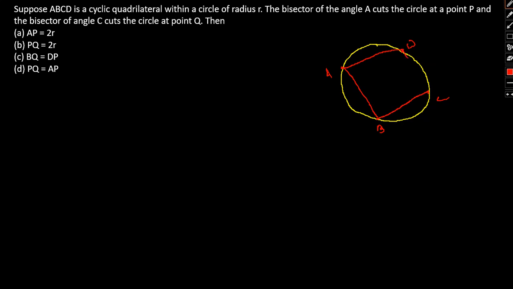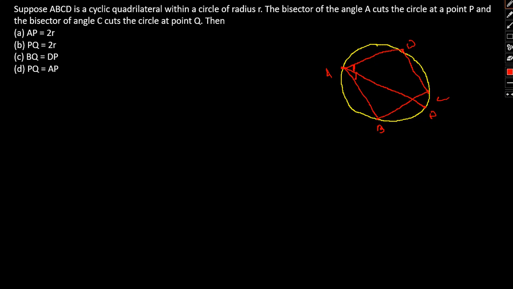C and D. Okay, what else has been said? Bisector of angle A cuts at point P. So this is point P. So bisector, that is this angle is equal to this angle.